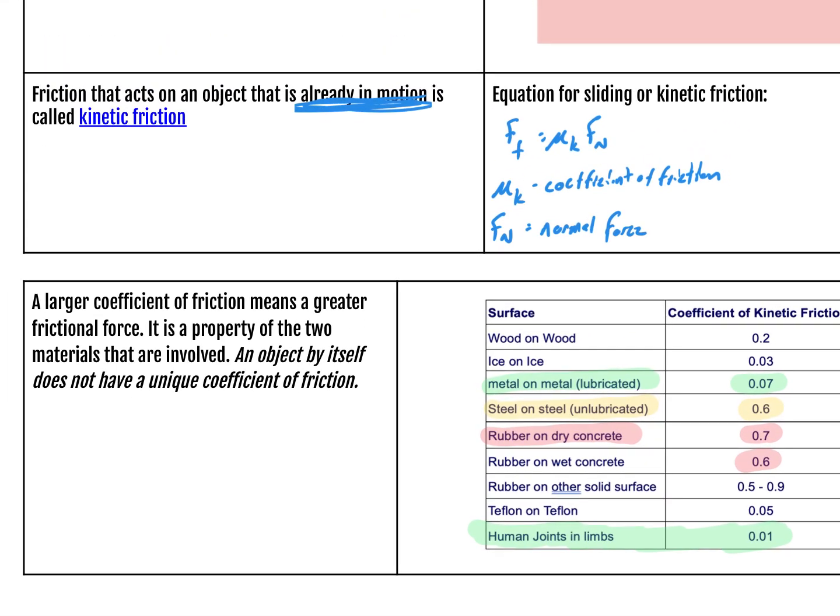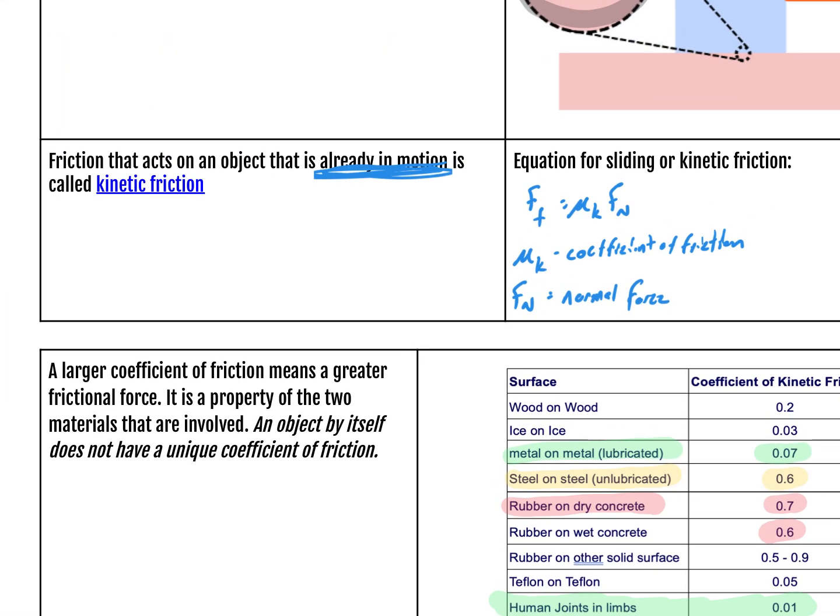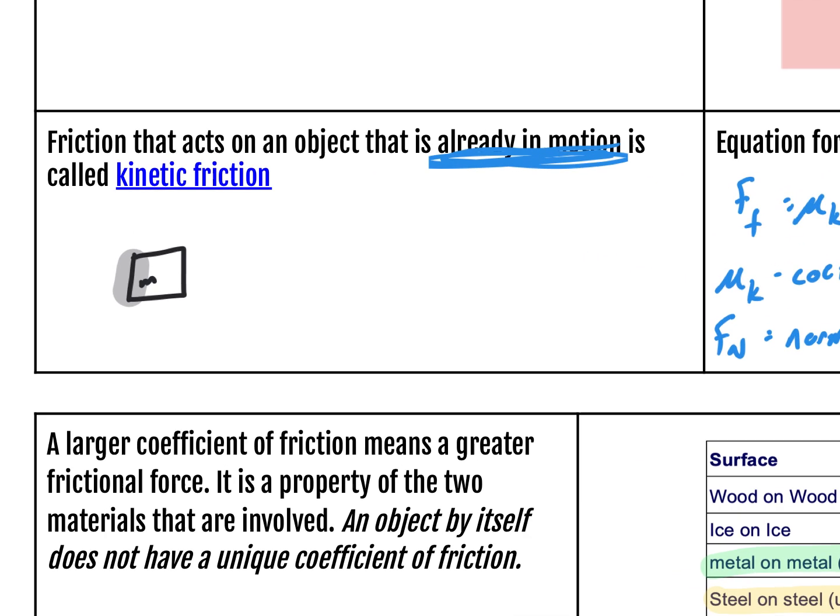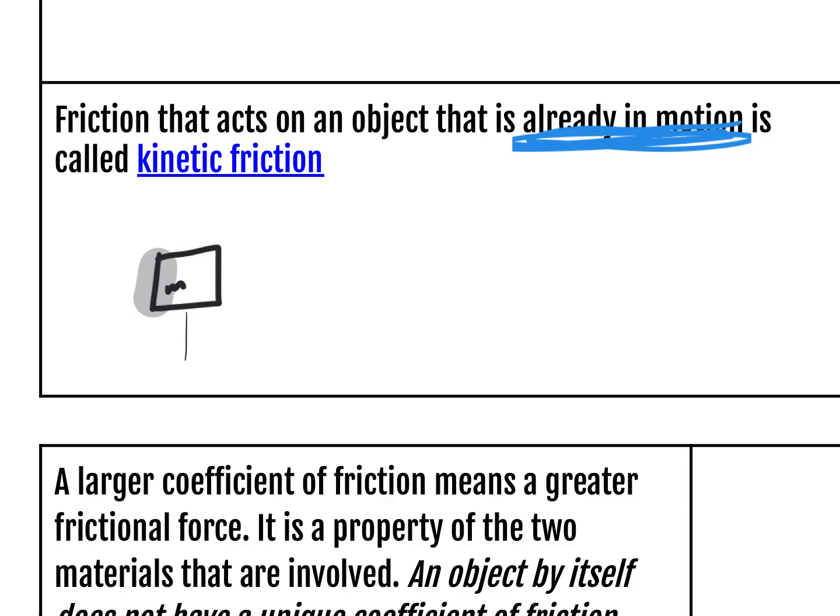I want to go back to the normal force before we continue on. Remember, I have an object, change my pen here. I have an object represented by a box with a mass, and I have an FG that's always pointed down and a normal force that's always pointed up. That's pretty interesting.